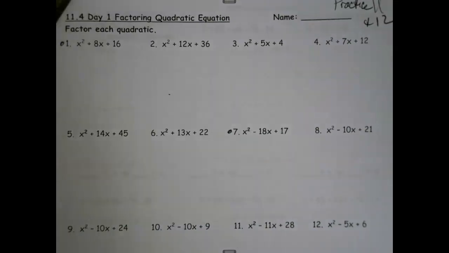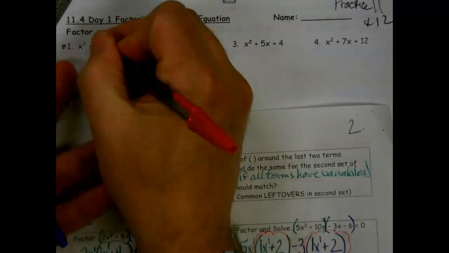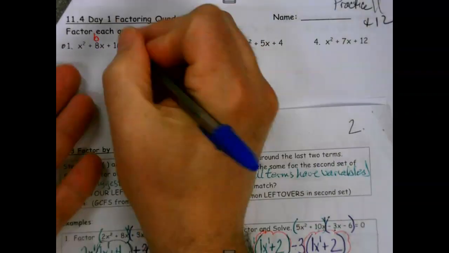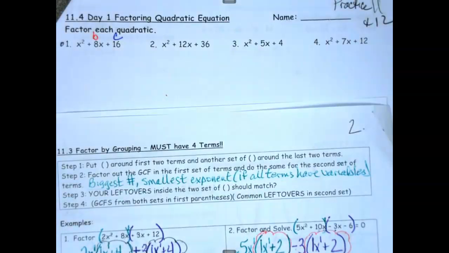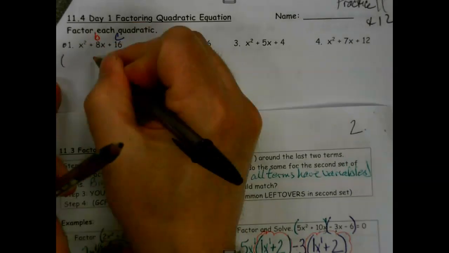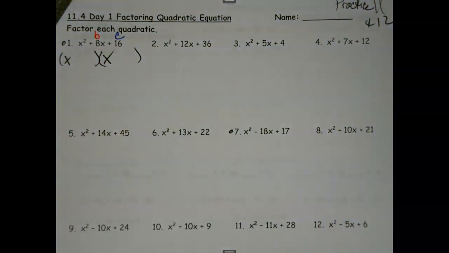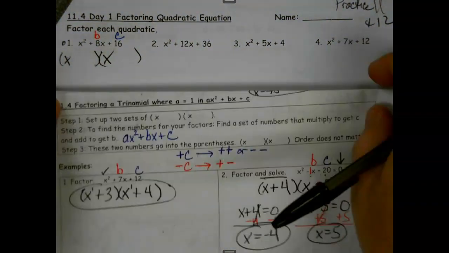Okay. First things first, I would keep labeling stuff, at least for today. So there's my B, there's my C. Get my parentheses. Let me get my X's. Okay, let me make mention of something here at the very start.